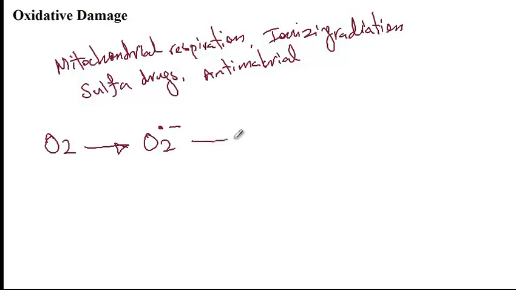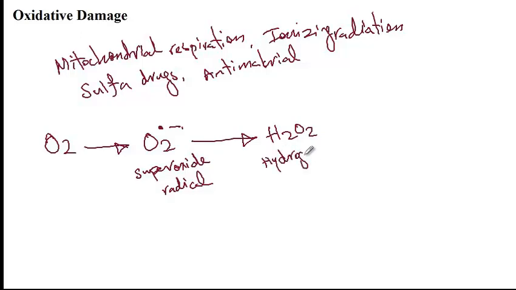And then later on, the superoxide radical can be converted into hydrogen peroxide. This of course requires 2 H+ and an electron to enter the pathway.